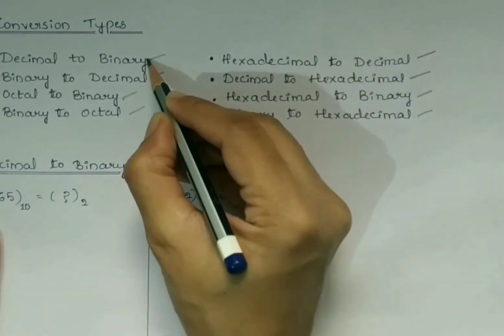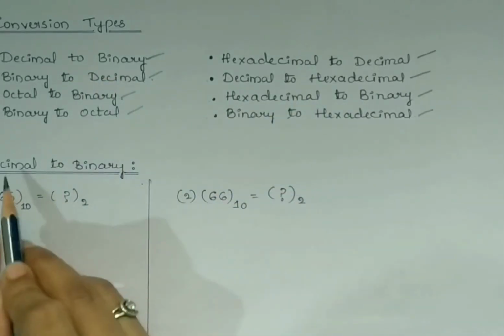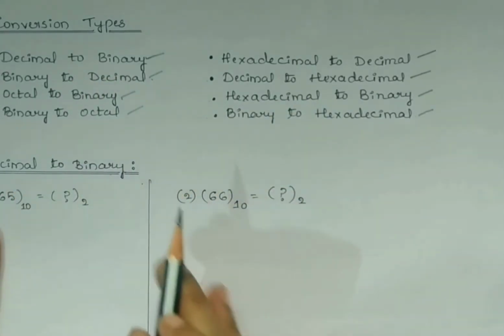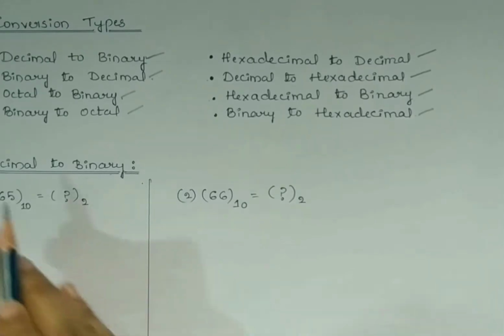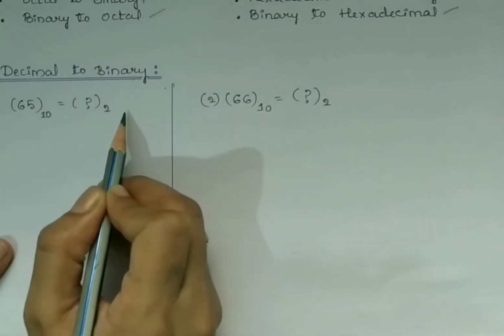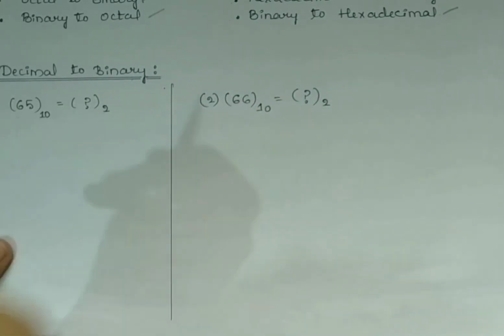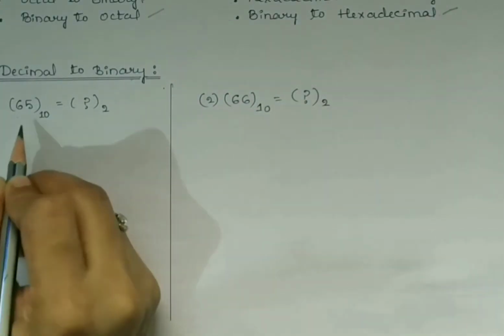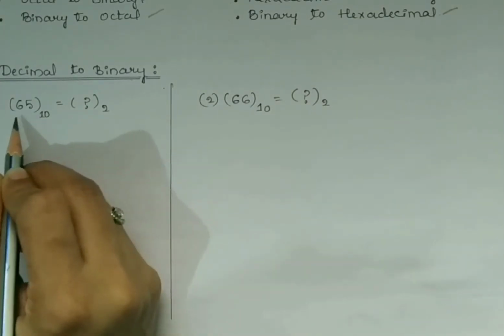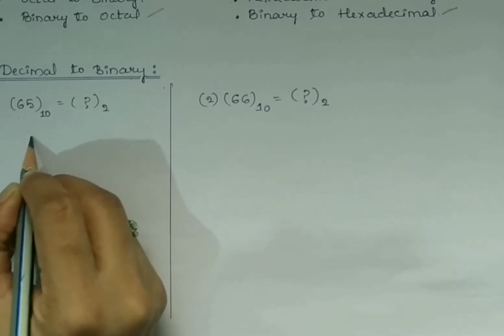Let us learn how to convert decimal to binary. This is an example of a decimal number. You have to convert it into binary. To convert this decimal number into binary, you will follow these steps.